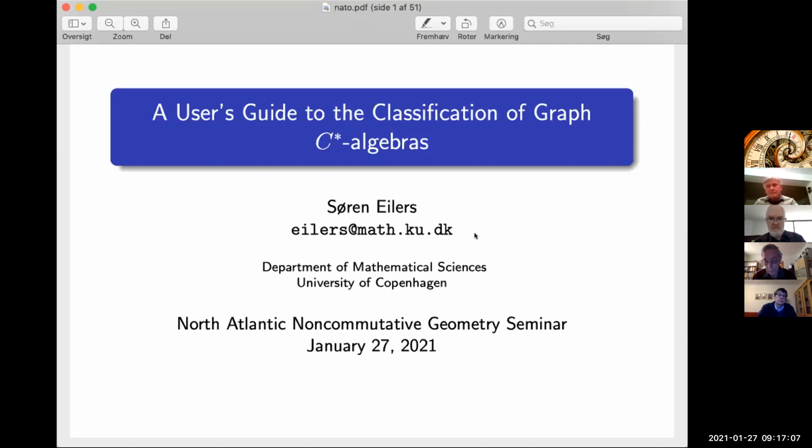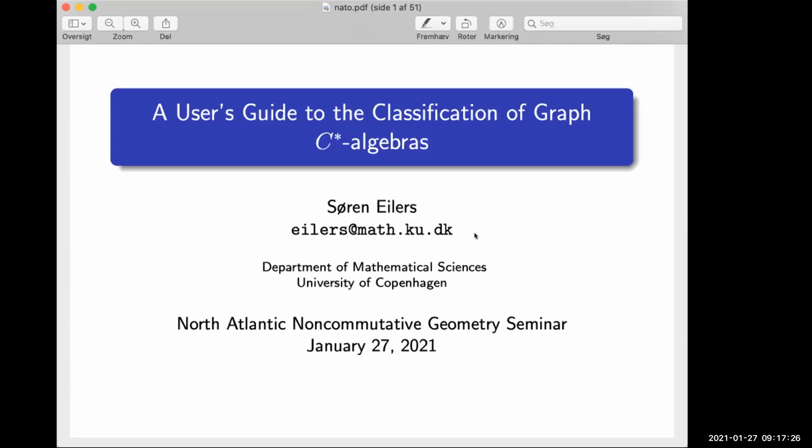So the idea would be to somehow, since I'm imagining that some of you might be interested in trying to use these kinds of classification results in your research, which is not necessarily within the realm of classification. So I'm trying to give you an idea of how we think in terms of classification, and then for the graph algebras, there are some easier things that you can do, and this is what I'm trying to explain.